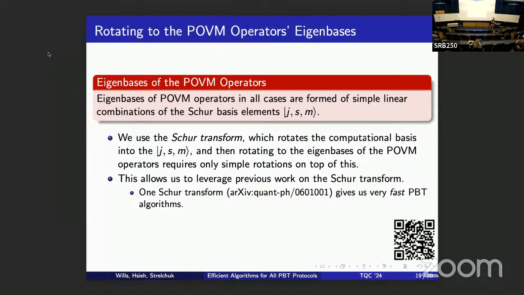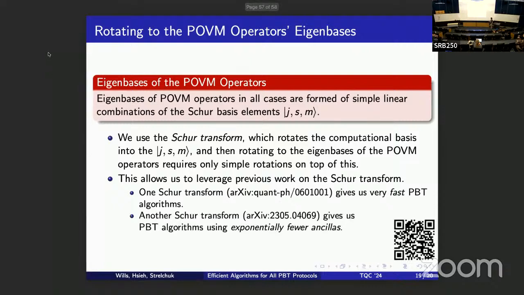So one version of every protocol uses this very fast Schur transform, and so we get these polynomial time complexity improvements. And then using this other Schur transform, called the spin coupling transform, we can get algorithms for PBT that use exponentially fewer ancillas. So that's the origin of the 2 different versions of the PBT protocols.